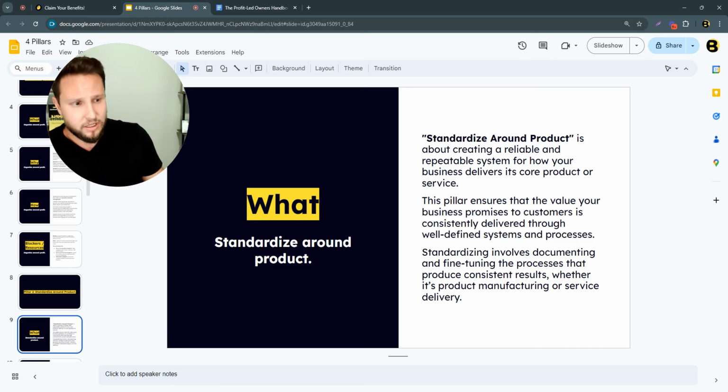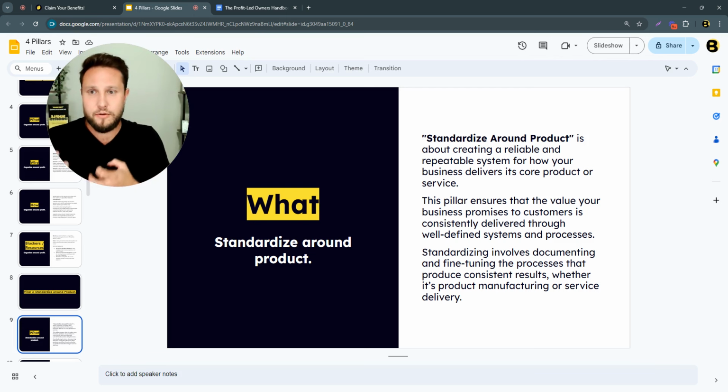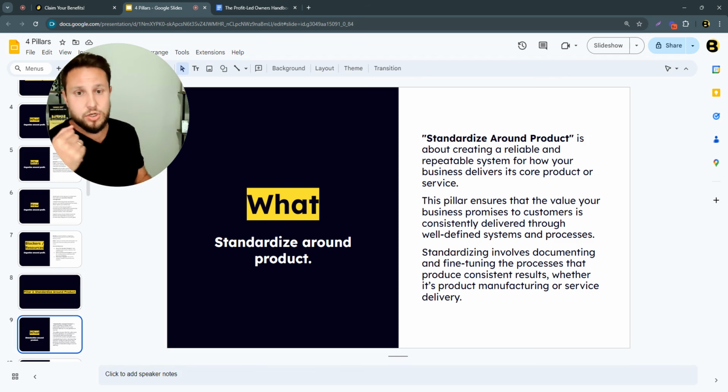And it really is designed to ensure that the value your business is promising to the customer is consistently delivered, right, in a repeatable manner, so that the quality assurance can stay high. And by standardizing, we can get to the next pillar.